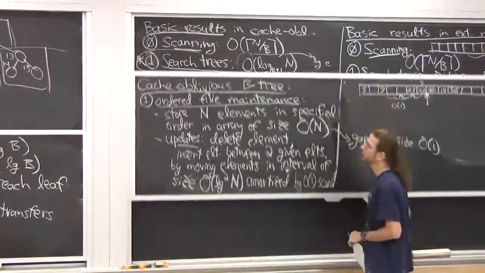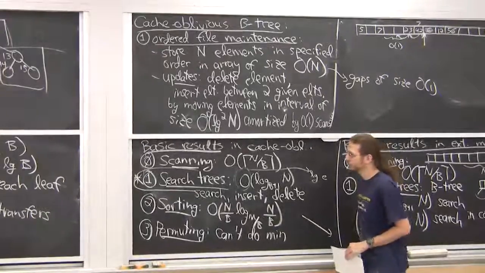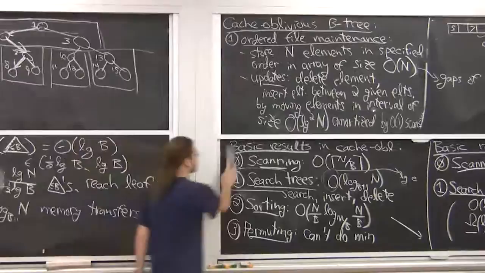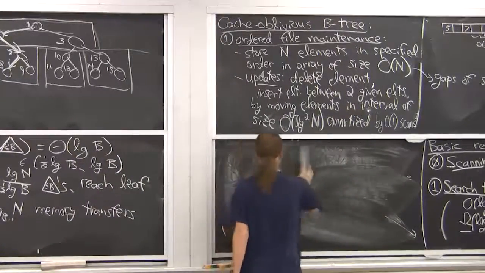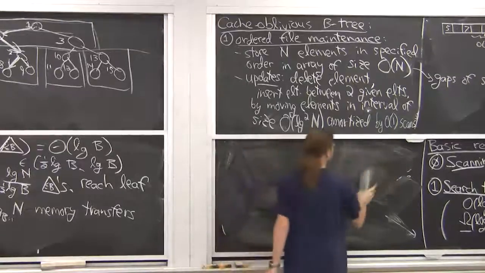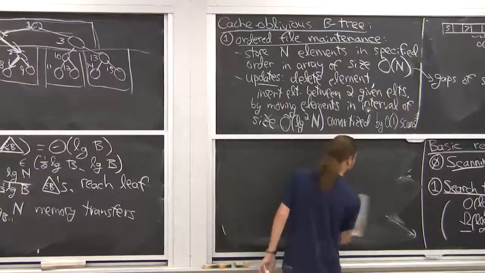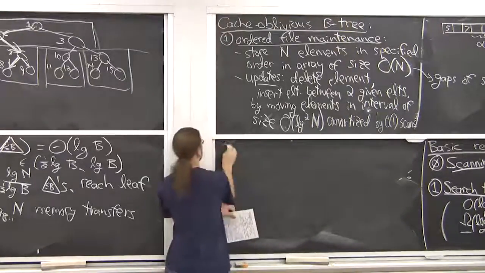But I want to first show you how it lets us get cache-oblivious dynamic B trees. Log base B of n, insert, delete, search. OK.